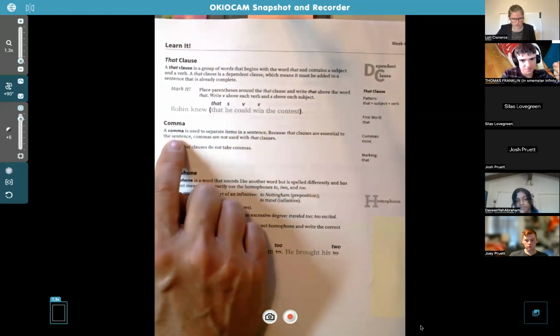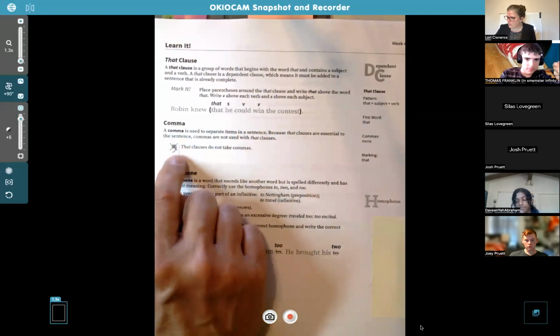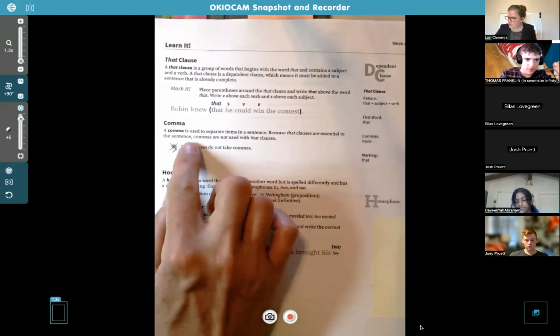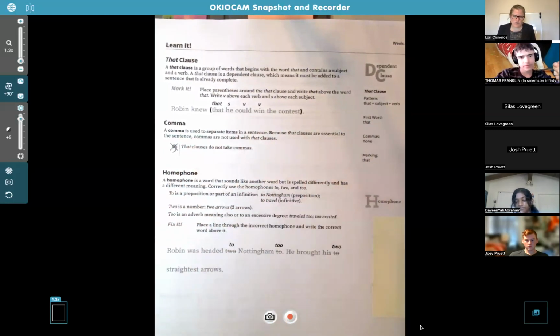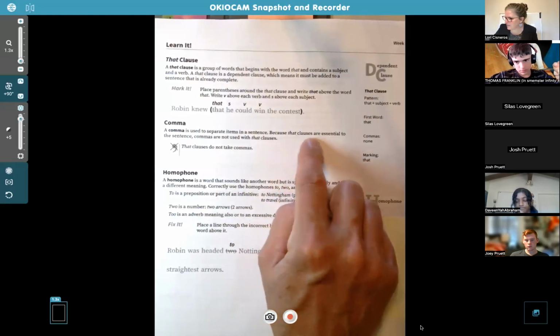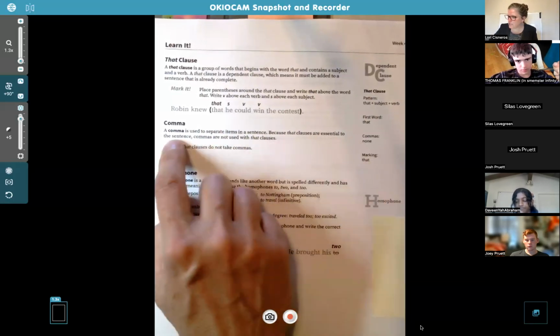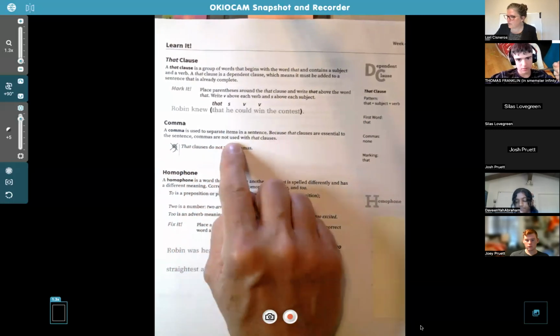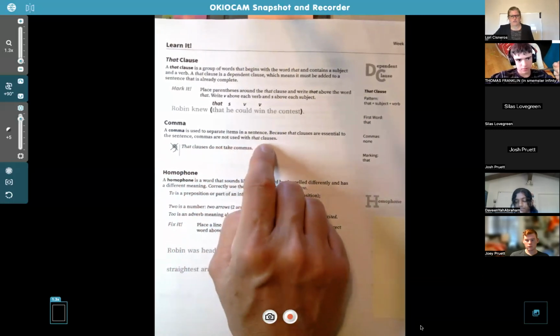Comma. We're going to talk about how to use a comma with a that clause. A comma is used to separate items in a sentence. You already know that if you're listing nouns or adjectives, anytime you have a list of more than two, you use commas. There are lots of comma rules. We'll talk about them throughout this book. Because that clauses are essential to the sentence, commas are not used with that clauses.